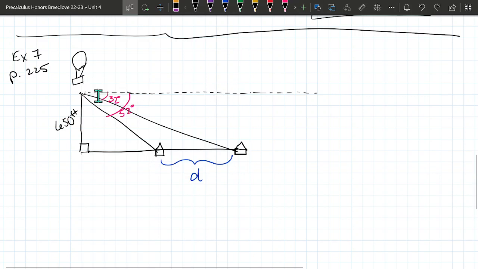So I can translate this 32 degrees to the alternate interior position right here, which is also going to be 32 degrees. And then I'll have a right triangle that I can use. So this 32 is also right here as 32. And the other one, the 52, if I do my Z here, but use this transversal, that means that this angle is going to be 52 degrees.